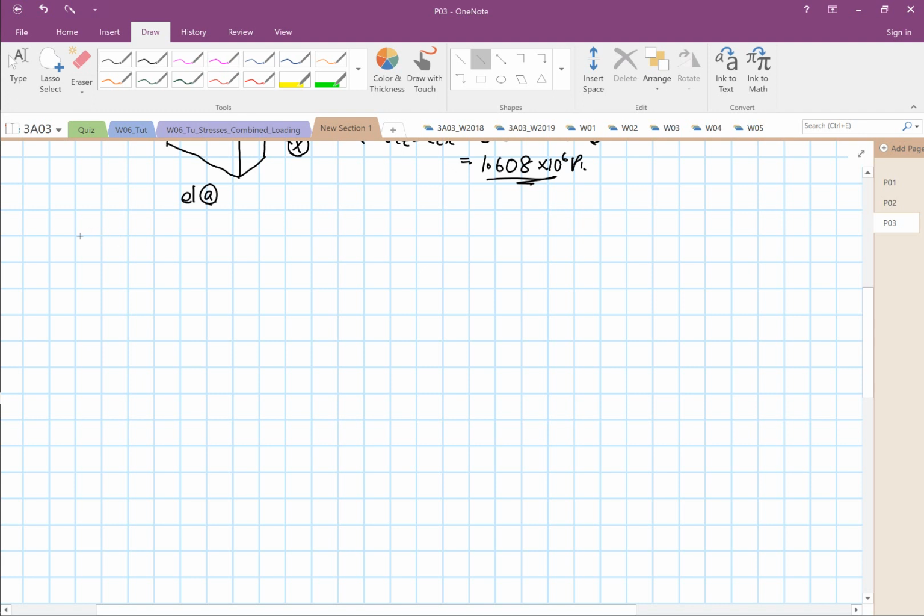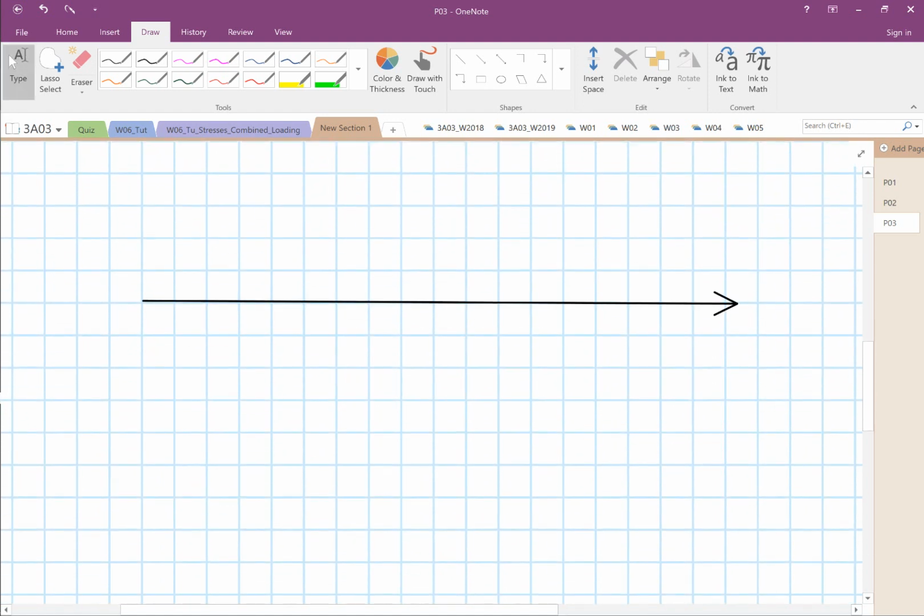Okay, so we're going to draw our x-axis. This is our 0, maybe I'll go from minus 5, 0, 5, 10, 15, 20, 25, 30, and then you go up to 35.